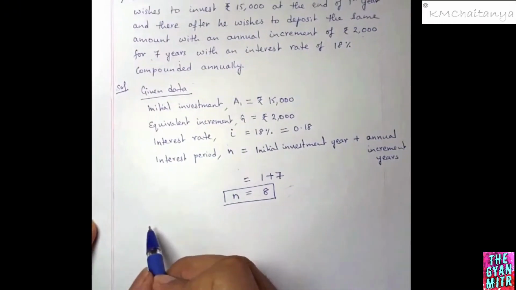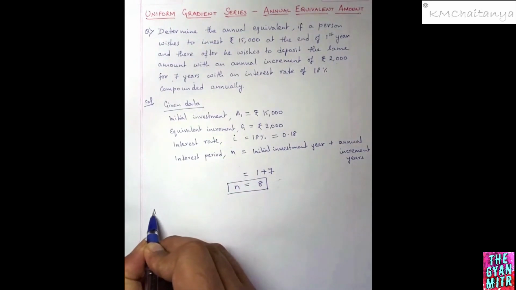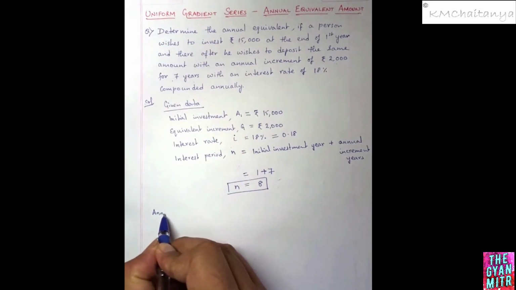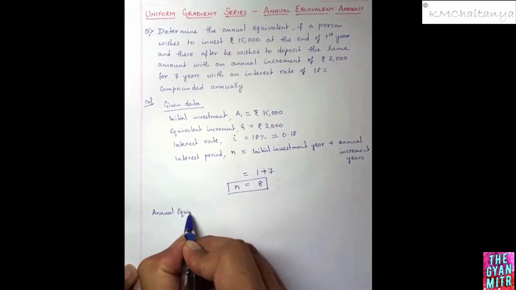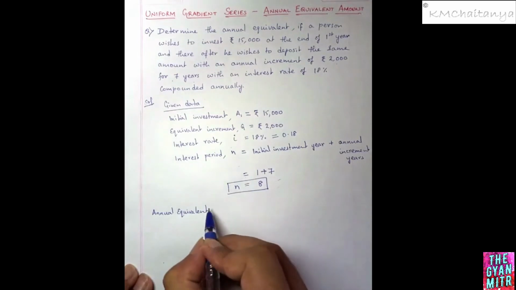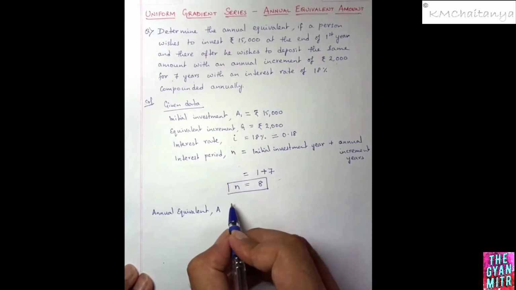Now we'll calculate the annual equivalent, which is denoted as A, that is the annuity.